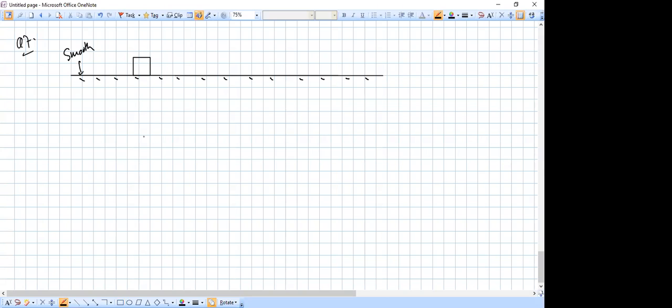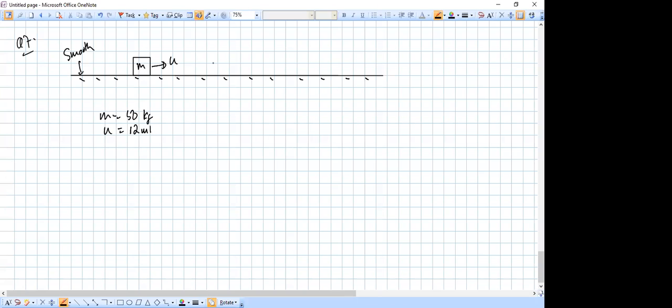Yeah. Now this is moving. This is the mass of how much is it? 50 kgs. And it's moving with an initial velocity u, which is 12 meters per second.